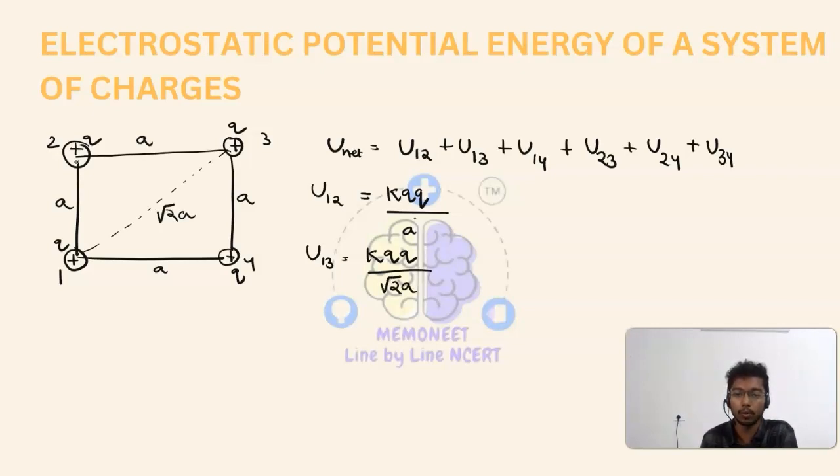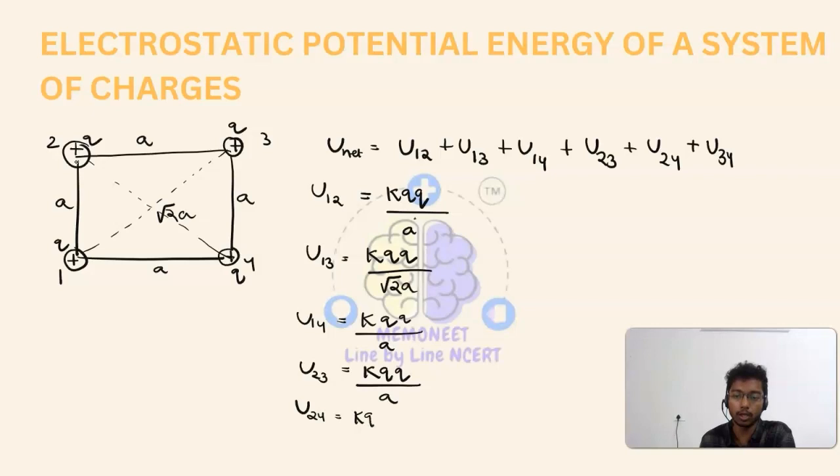Then U14 is k q q upon a, then U23 is k q q upon a, then U24, this is also the diagonal, so we can write k q q upon under root 2a.